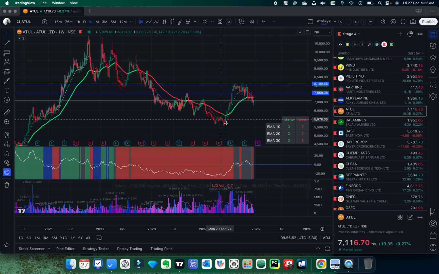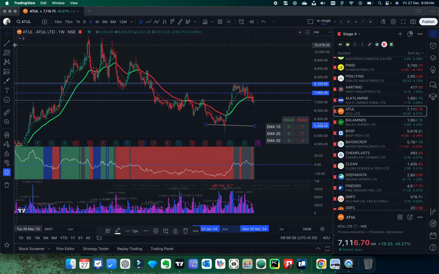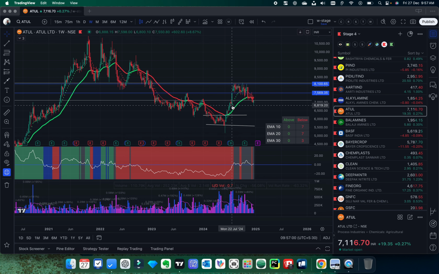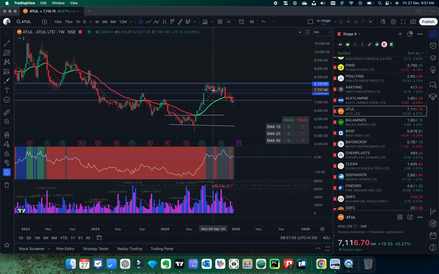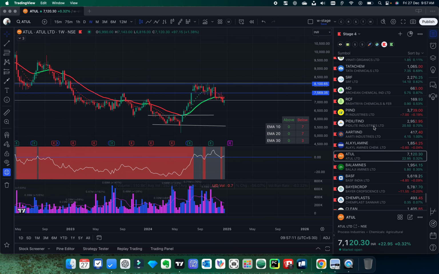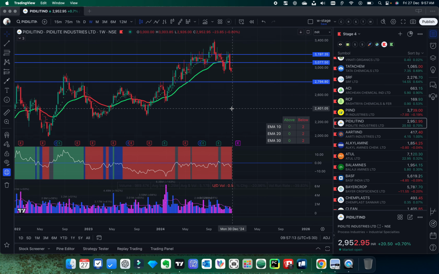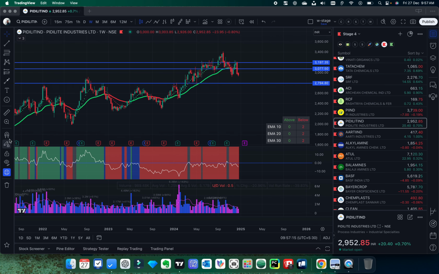Topping area, down, basing here, and then breakout, and again topping kind of thing and breakdown. So again here it is consolidating. So as you can see, there is a very important role of this resistance line.